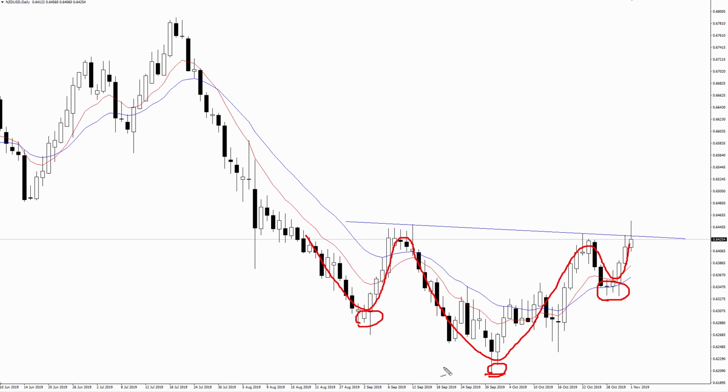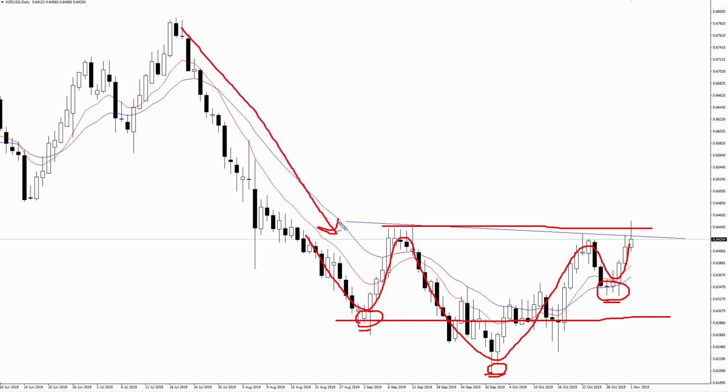Furthermore, the head is lower than both shoulders, and these two shoulders are also on the same horizontal plane. Furthermore, this pattern is occurring after an extended move lower. So all in all, this does qualify as a potential bullish reversal pattern.